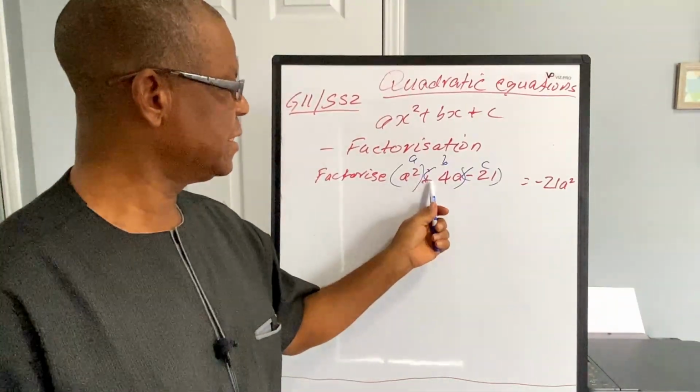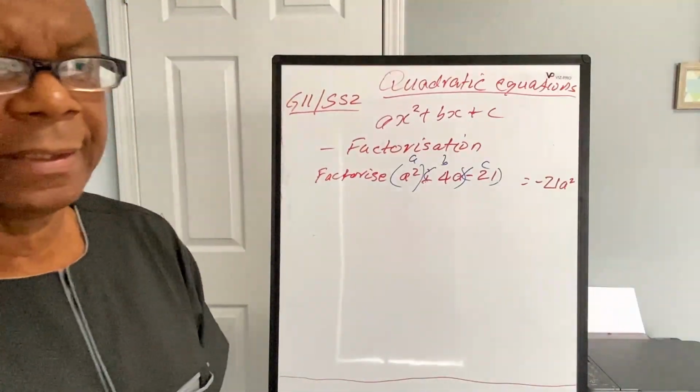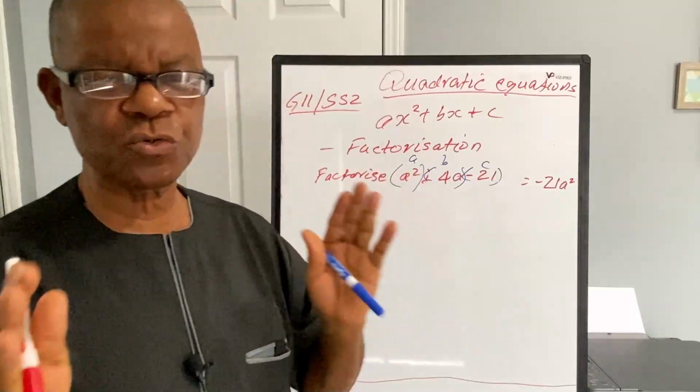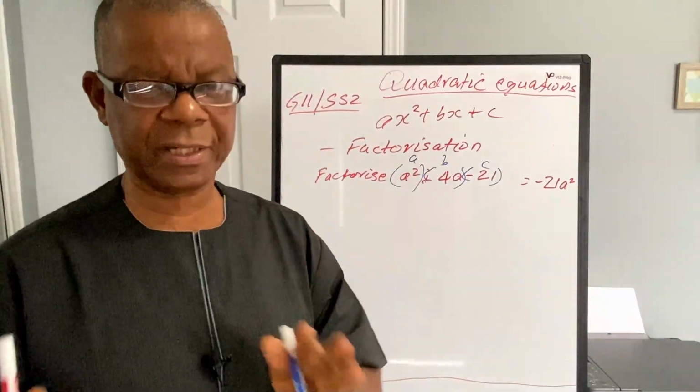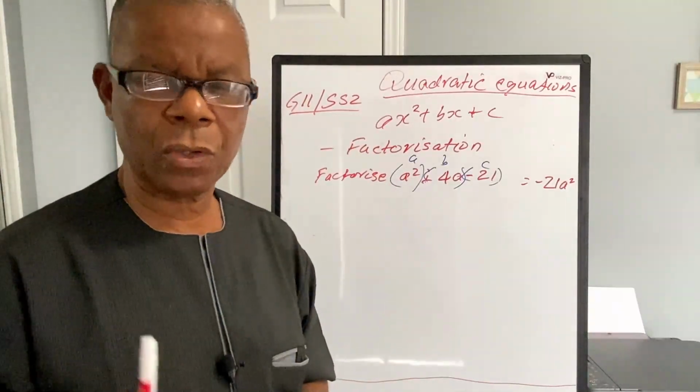But since this is plus 4a, that implies out of these two numbers, 7 and 3, the bigger one will be positive while the smaller one will be negative.